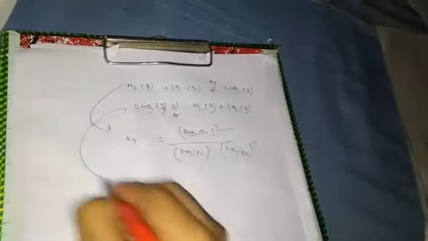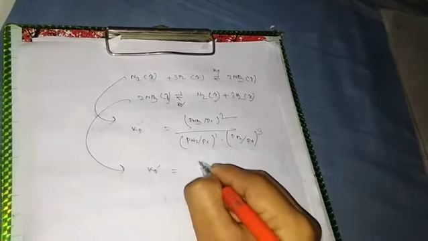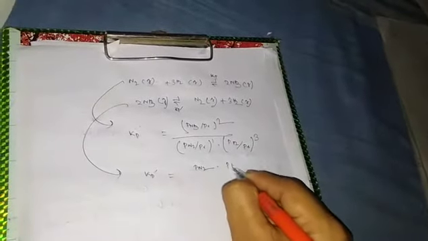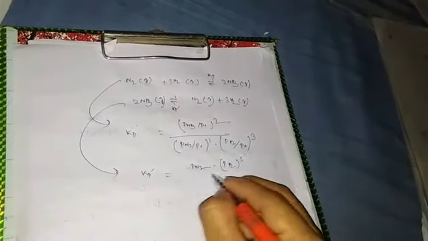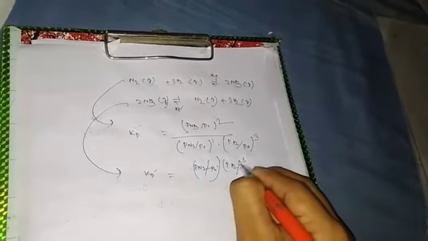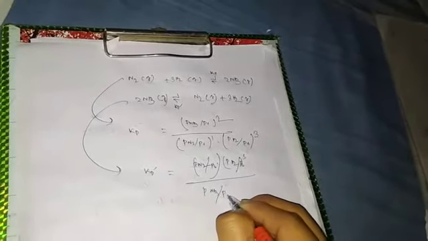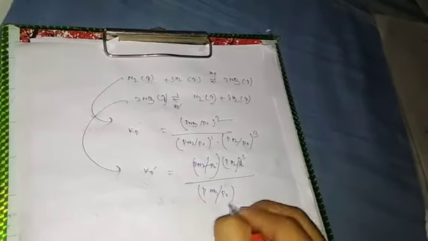And for the reversed reaction, Kp dash equals partial pressure of N2 into partial pressure of H2 whole to the power 3, divided by partial pressure of NH3 by P0 whole to the power 2.